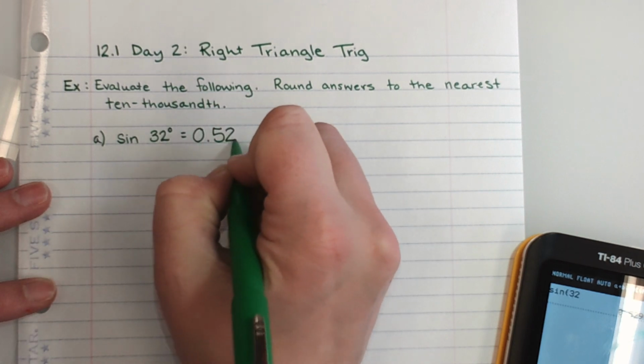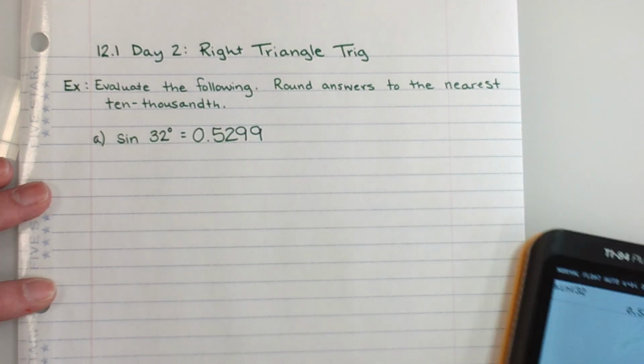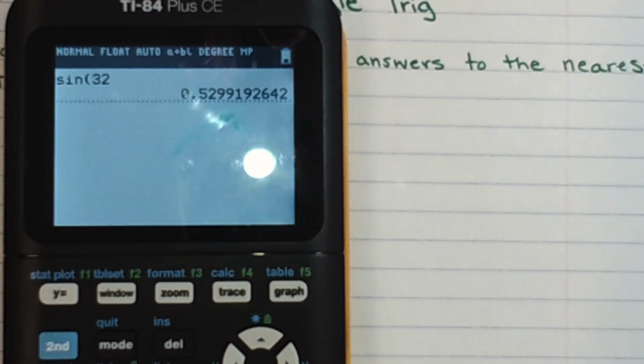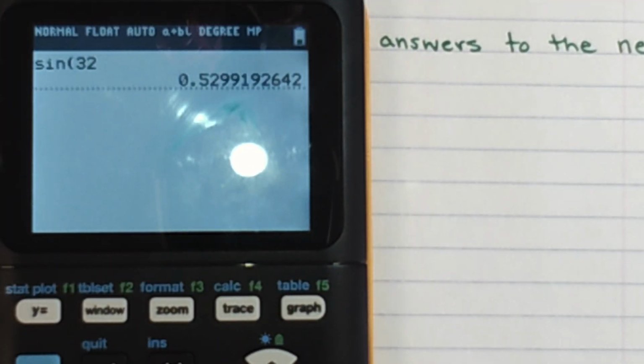Now, just as a quick note, because this tends to be one that messes with people. Let's imagine that this answer was slightly different. Instead of that 1 right there, they had a 6 right there. That means I would round up, right? How does 0.5299 round up?